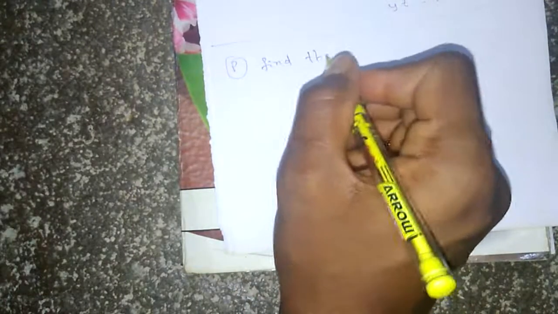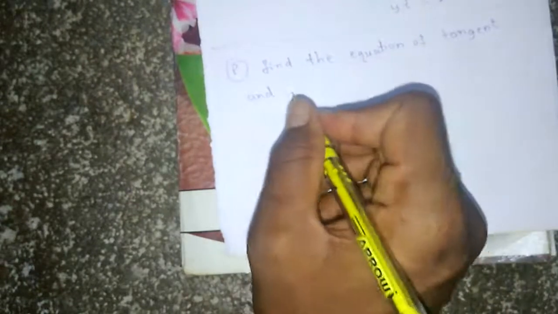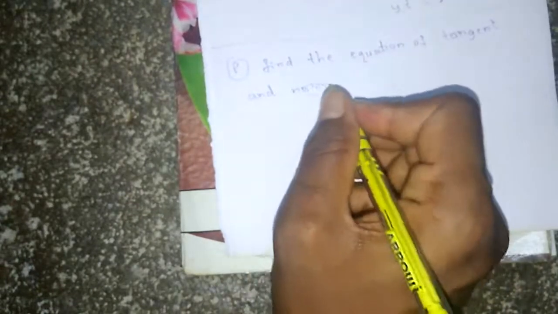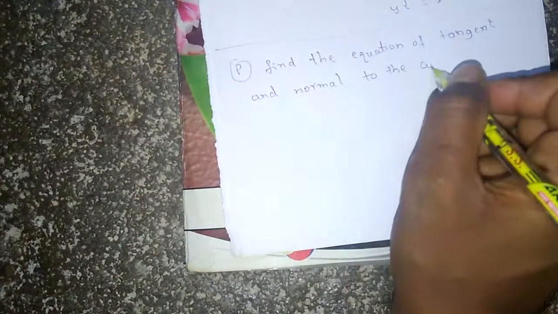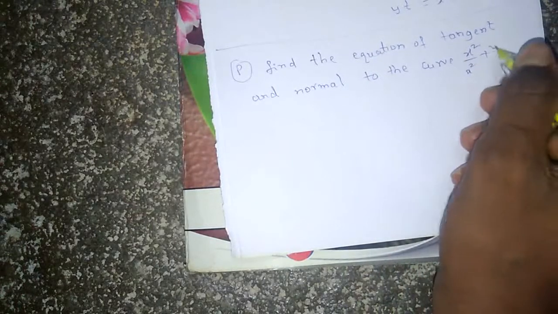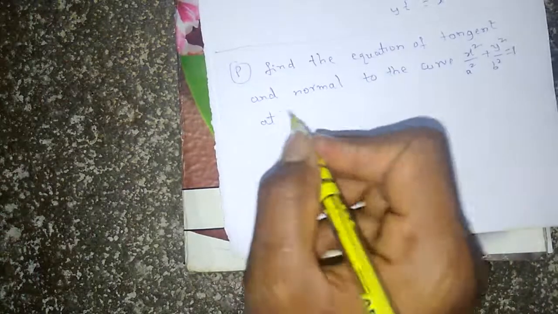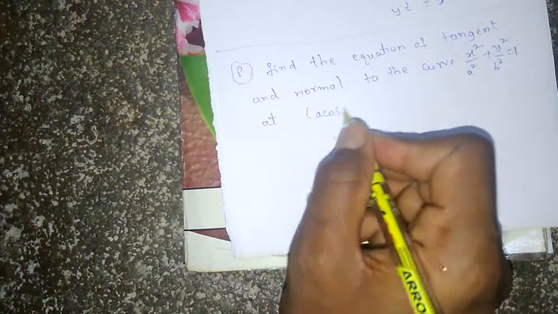Next problem is: find the equation of tangent and normal to the curve x square by a square plus y square by b square is equal to 1 at the point (a cos theta, b sin theta).